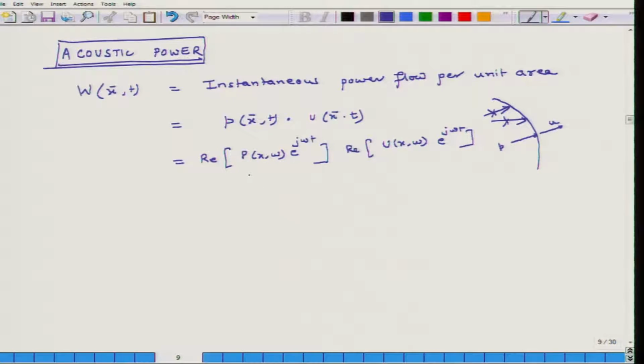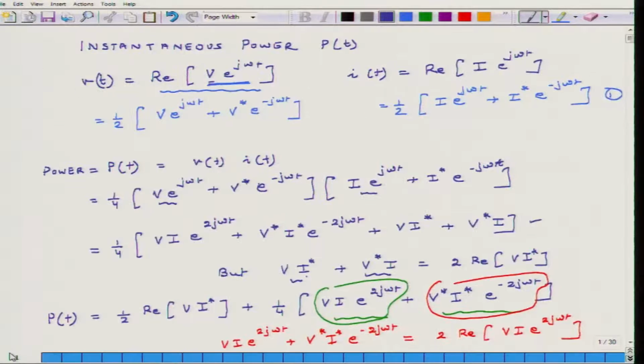This is identical or very similar to the relation which we developed for V, the real part of complex voltage, and I, the real part of complex current.